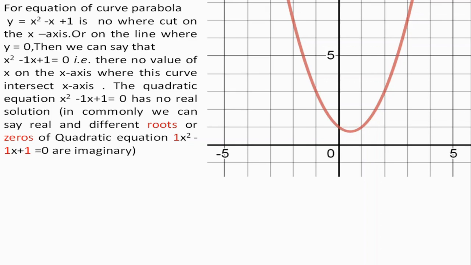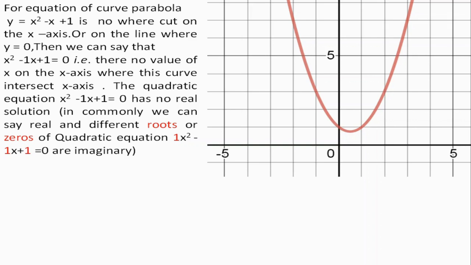That means the quadratic equation x square minus x plus 1 equal to 0 has no real solution. We can say that there are no real and different roots or zeros of x square minus x plus 1 equal to 0.